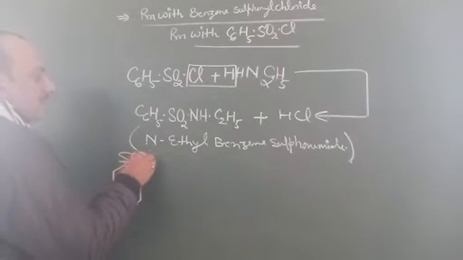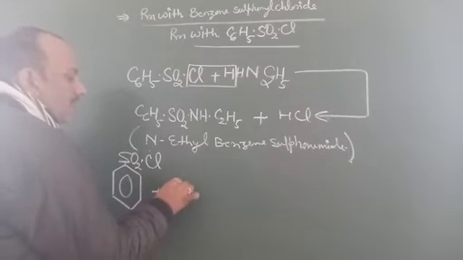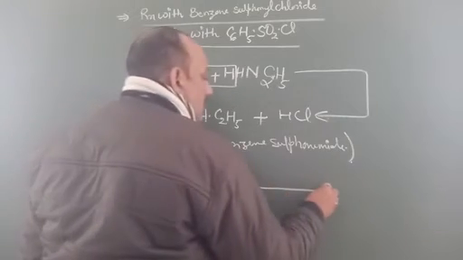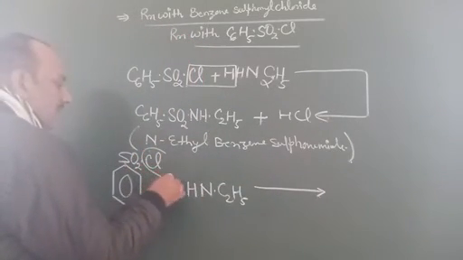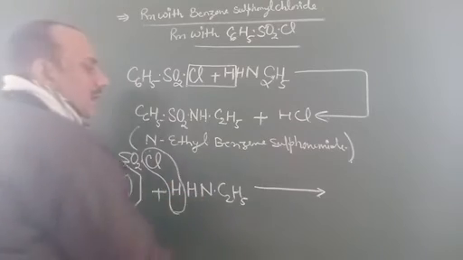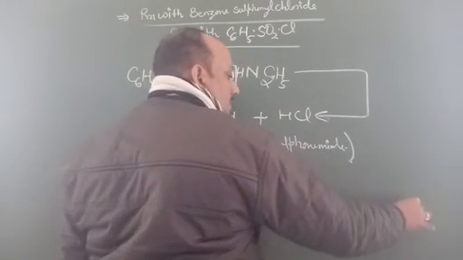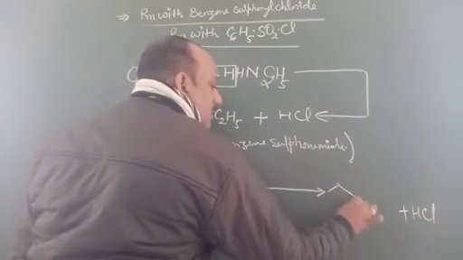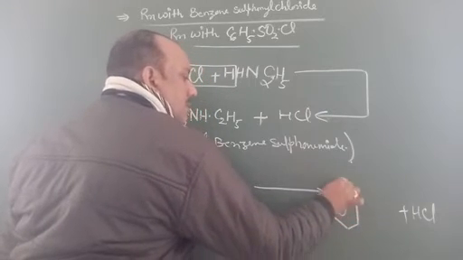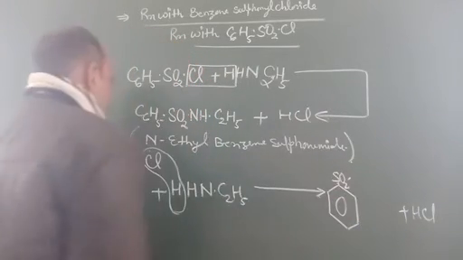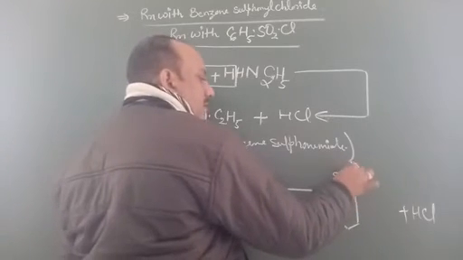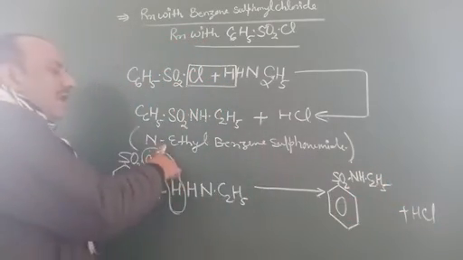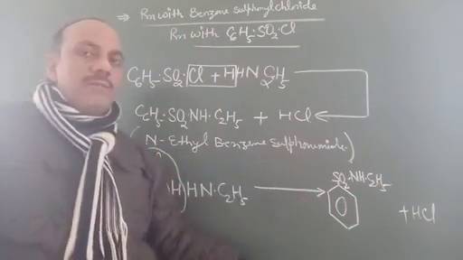It reacts with SO2Cl to form, with C2H5, here it substitutes HCl to form SO2NHC2H5. This one is known as N-ethyl benzene sulfonamide.